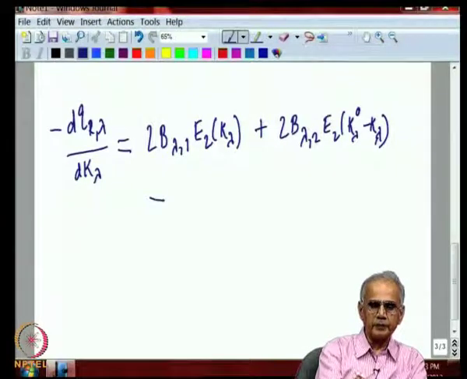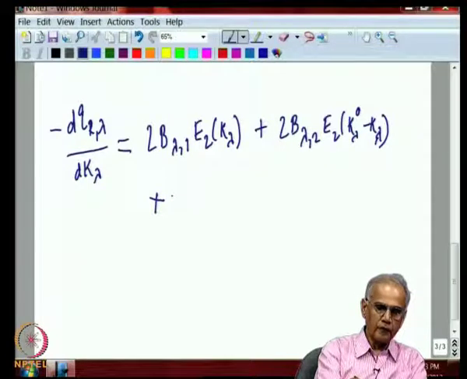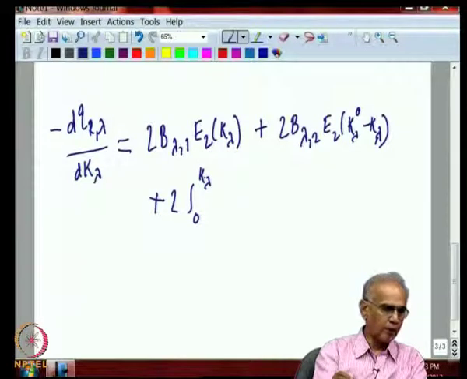Then you have a term representing the gain from all other gas elements below kappa lambda.